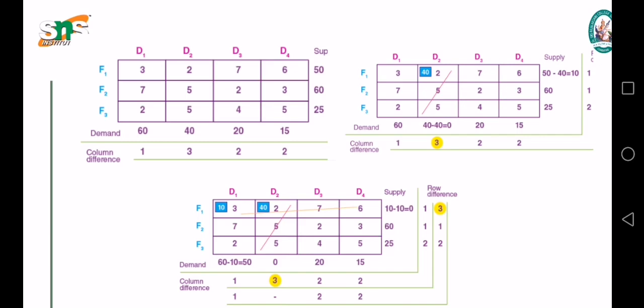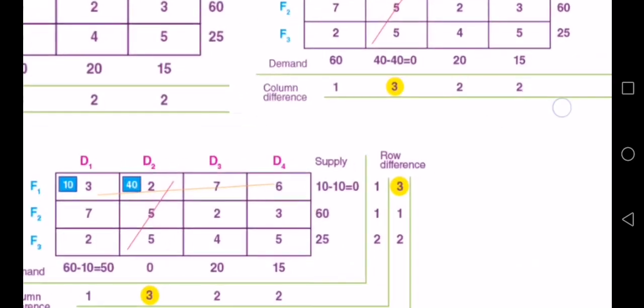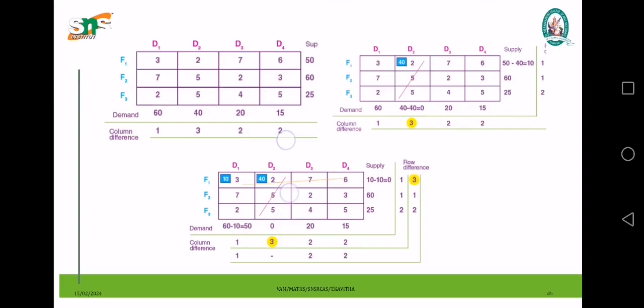Now we get the highest difference as 3. We choose the 3 in column difference D2. We take the column D2. In D2 the smallest number is 2. We take the number 2.